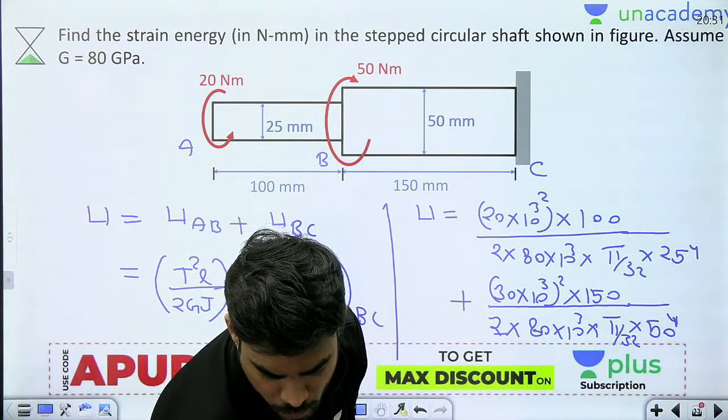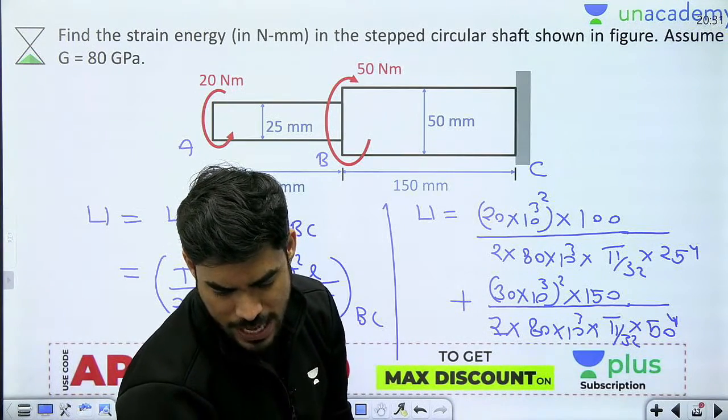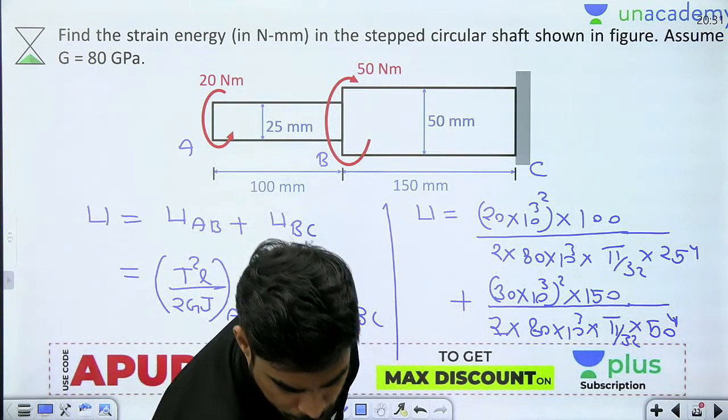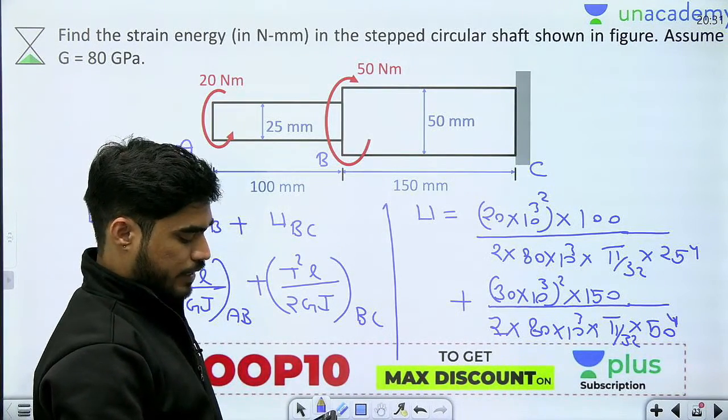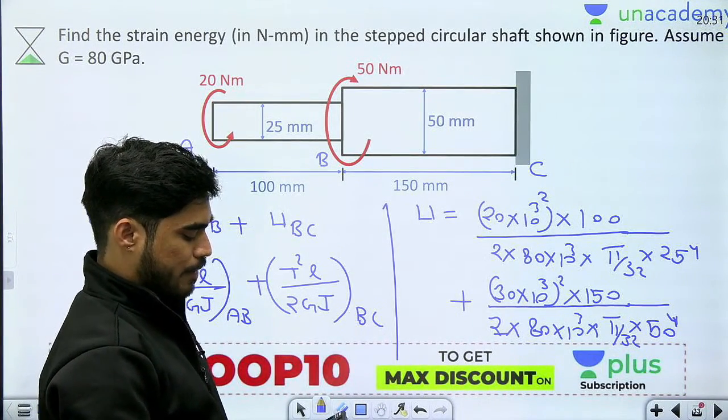I am getting 7.894 Newton mm. Vikas and Kalpesh are getting the answer in mm. I don't know why. It will be Newton mm, not mm.